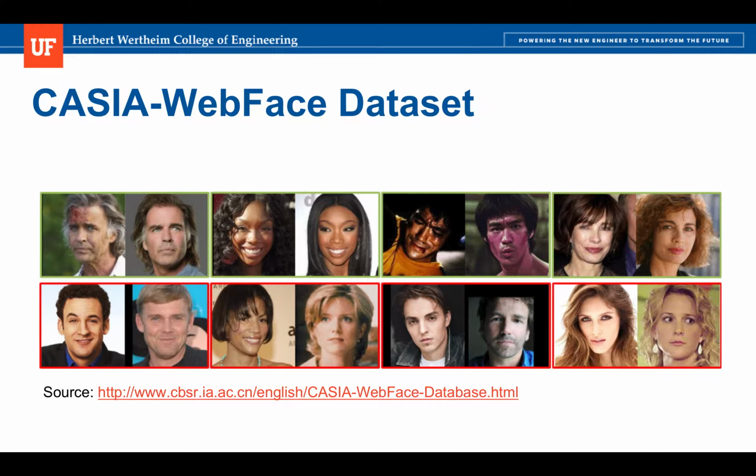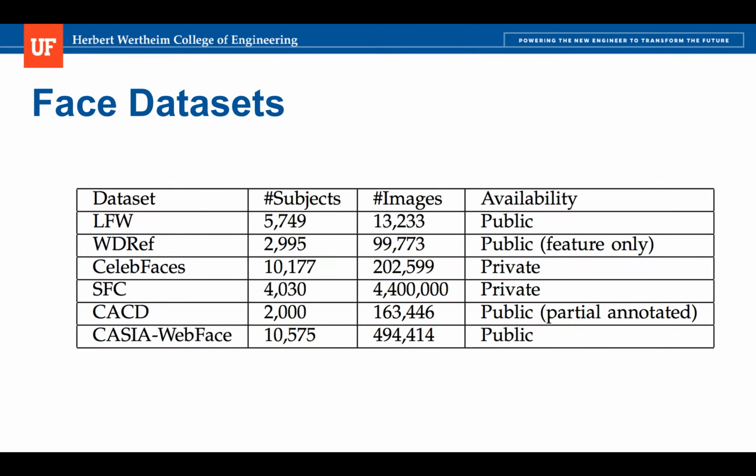To get this dataset, you have to send an email to the original authors and sign some paperwork. Then you can get a private download link. In our project, we also did a survey of current face datasets.